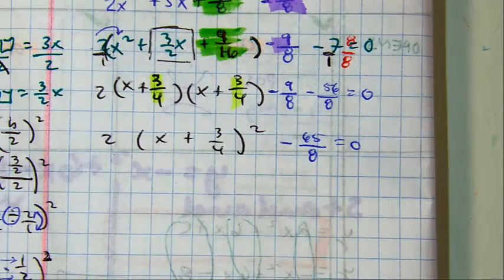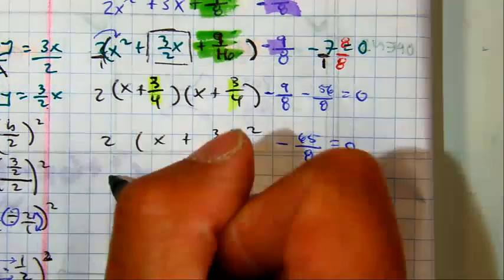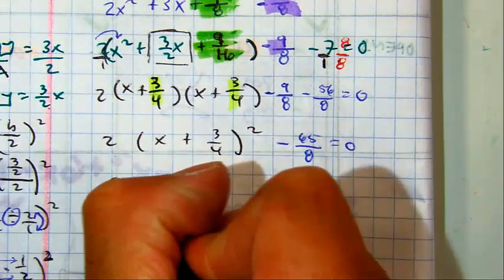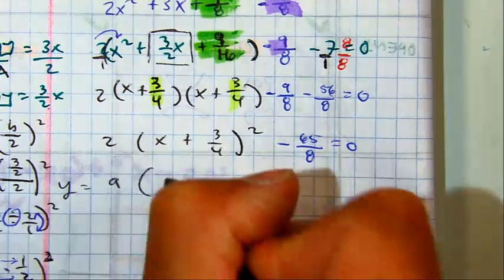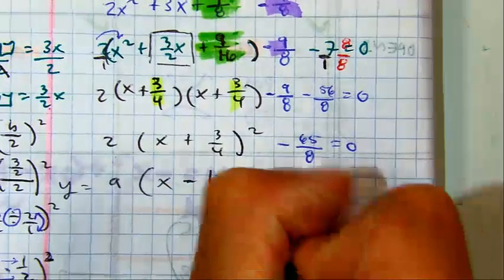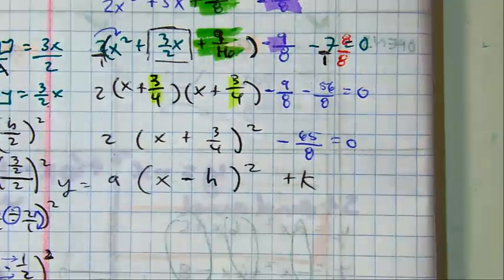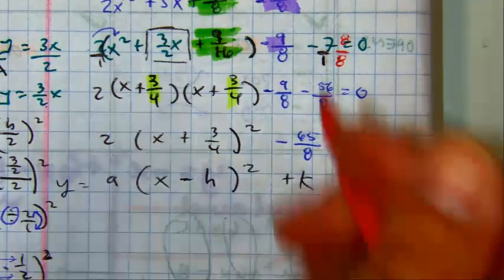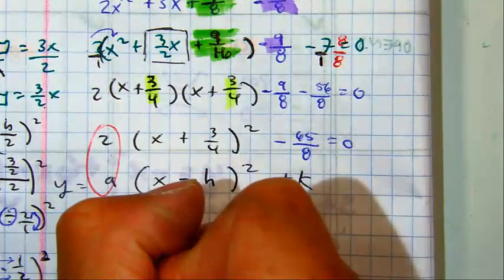Damien, what form is this in? Vertex. Tell me the formula. Y is equal to a parentheses x minus h parentheses squared plus k. Damien, your A value. My A is 2. What does it tell you about the graph? It is concavity up.